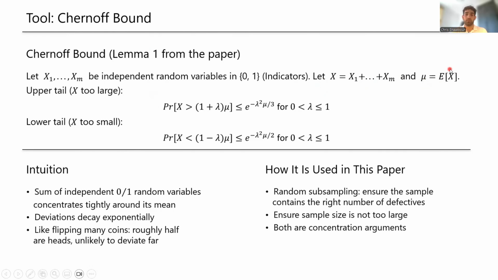the probability of X, the sum of indicators, being greater than some value multiplied with the expectance diminishes very rapidly as we go beyond the expectance.